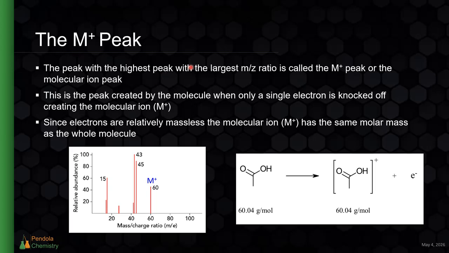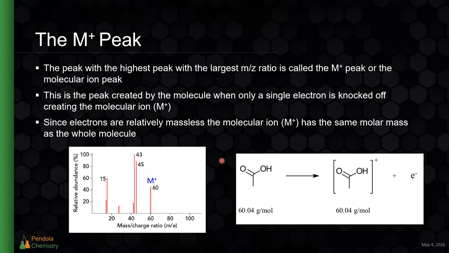Now, the M plus peak, let's talk about that. The peak with the highest or largest mass to charge ratio is also called the M plus peak, or the molecular ion peak. So when we look at a mass spectra like the one we have here, the biggest peak, furthest to the right, is going to be our M plus peak.